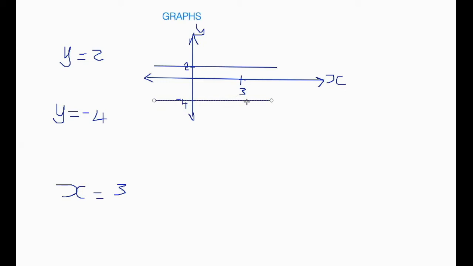For x equal 3, however, the gradient is undefined because x is not changing, so you're going to have y changing, giving a number over 0. So a number over 0 is undefined.